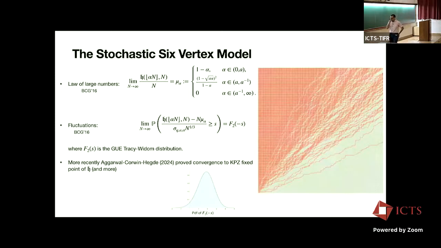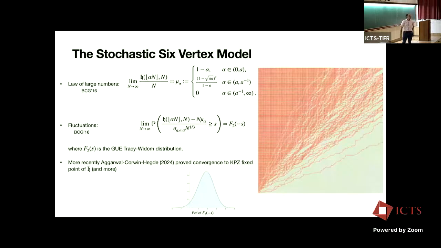The GUE Tracy-Widom distribution describes the fluctuations of the edge of the spectrum of large random matrices. In this case, it has a minus sign, so the figure is reversed. Here is the PDF of the Tracy-Widom distribution.